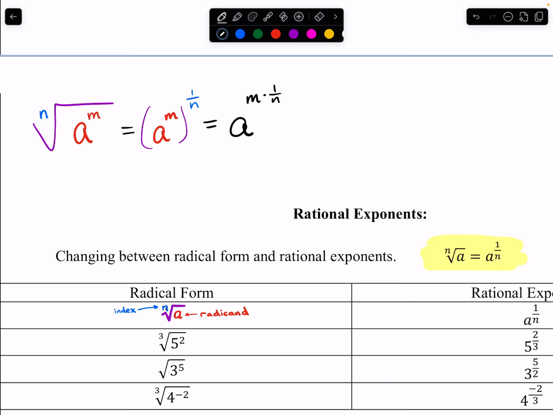And we can multiply that. m times 1 over n, that's a to the m over n, right? Because this is m over 1 and we can multiply straight across.